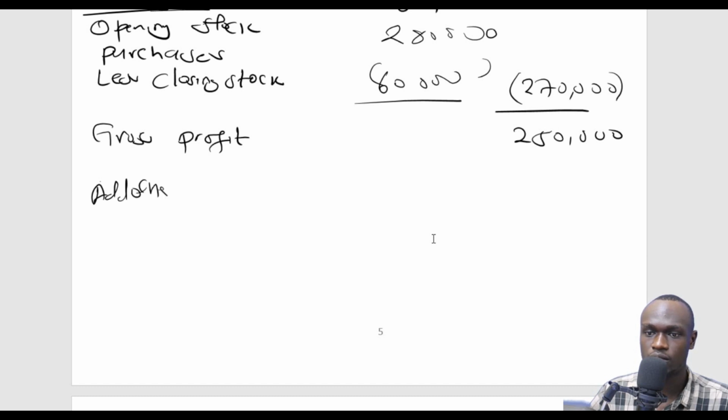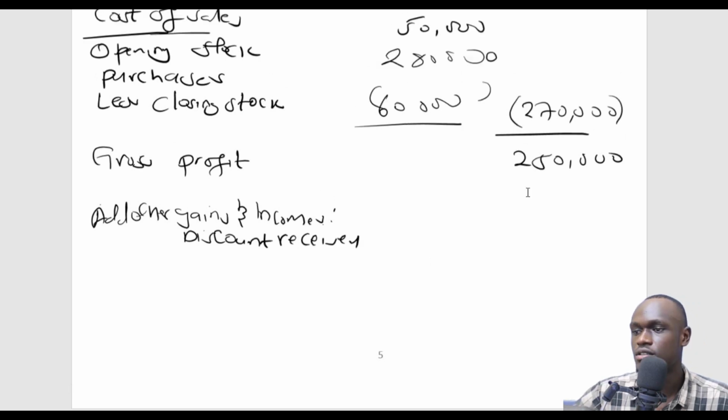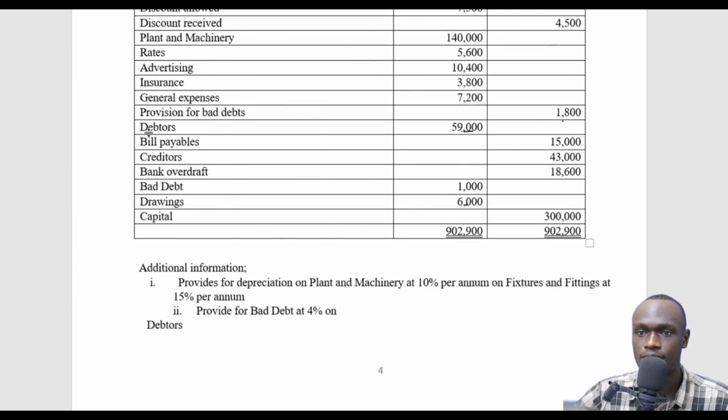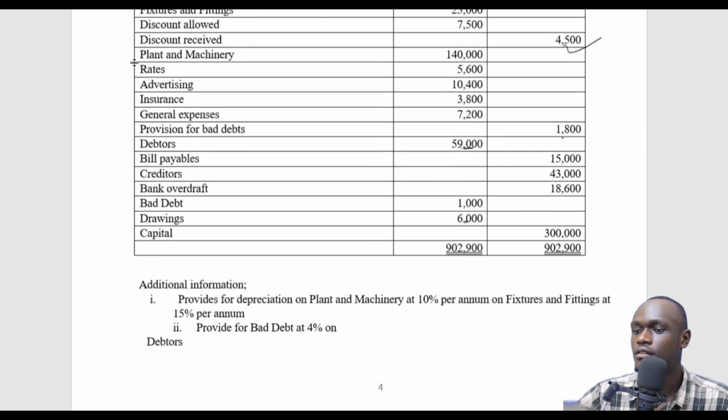Add other incomes and gains. That is discount received is here, 4,500 shillings.